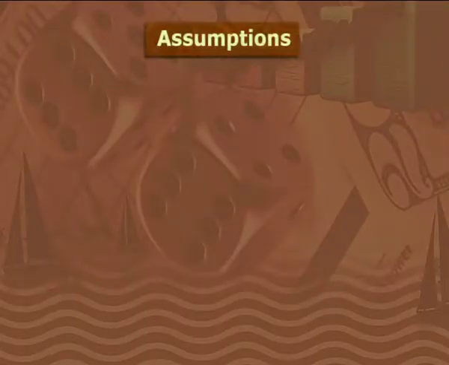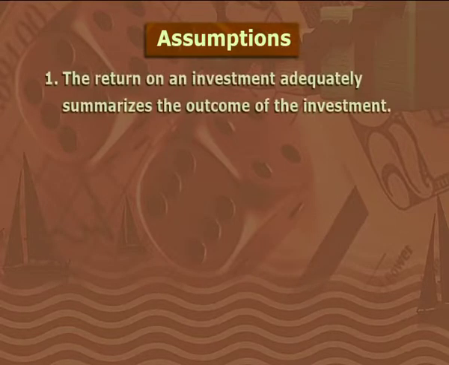The first step is finding the mean variance efficient portfolios and secondly, selecting one such portfolio. Investors are generally risk averse and in case of risky investments, the returns expected are higher. The basic assumptions are: number 1, the return on an investment adequately summarizes the outcome of the investment.